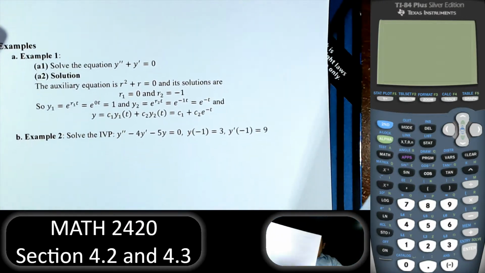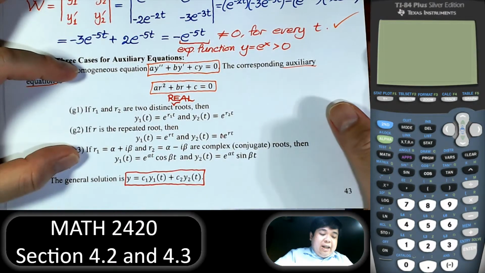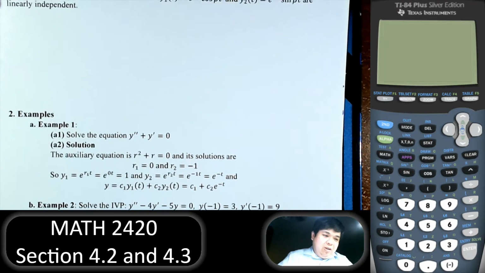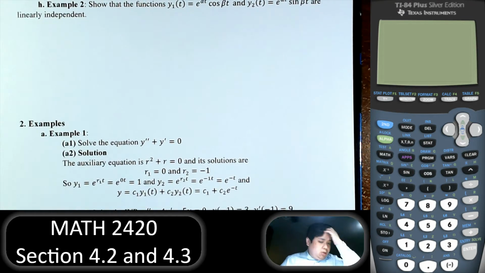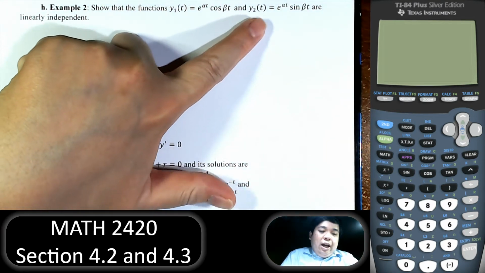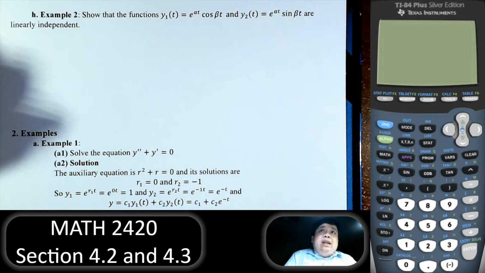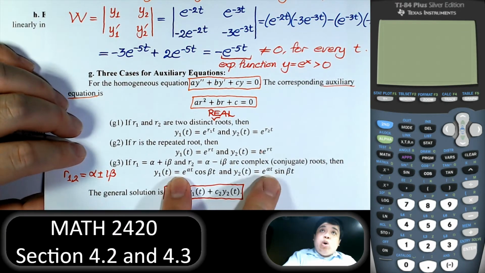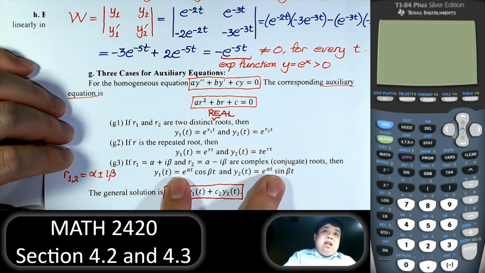So this is what we need to know for those two sections. Before we actually do some examples, now show that the functions y1 and y2 are linearly independent. So for case number 3 here, we're going to show that these solutions are linearly independent.